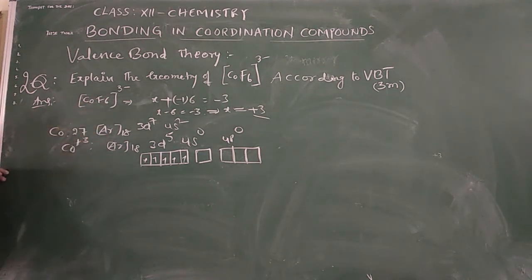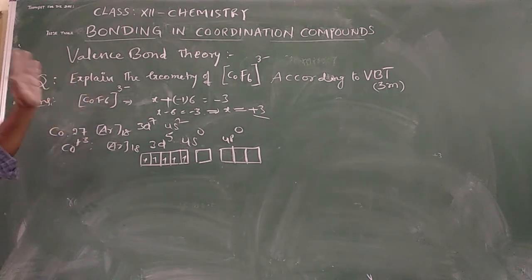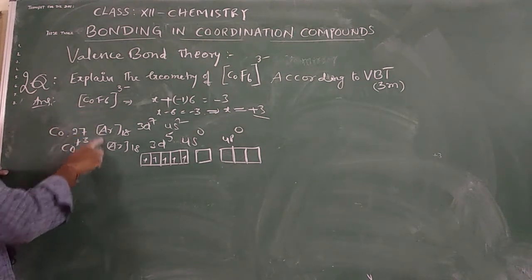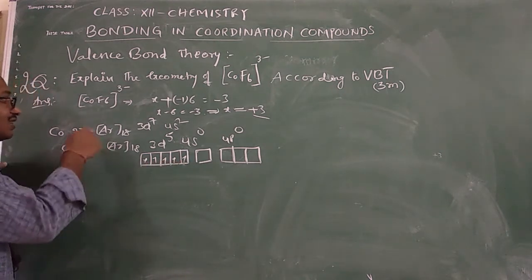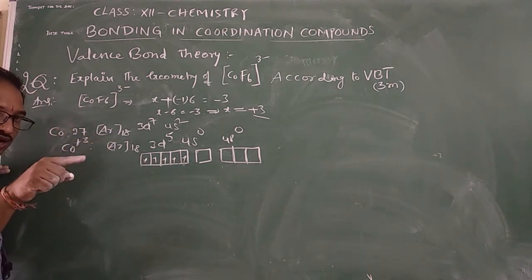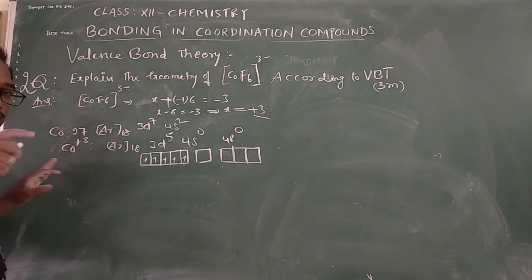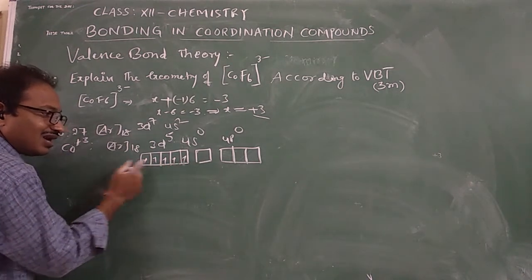Now which ligand is it? Fluorine. Fluorine is a weak ligand. Afterwards I will tell you about weak ligand and strong ligand. First, according to valence bond theory, what will happen here? Just now we saw the compound [Co(NH3)6]3+. There, ammonia is a strong ligand, so the electrons are rearranged.